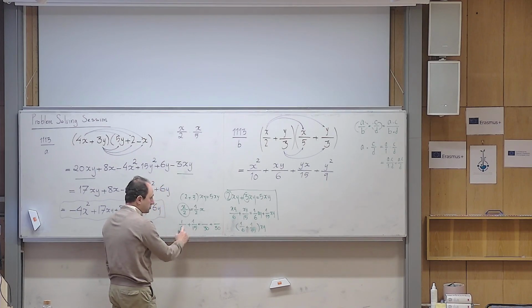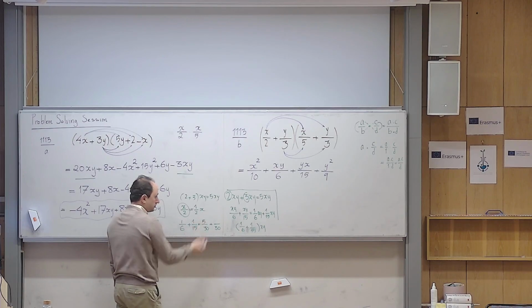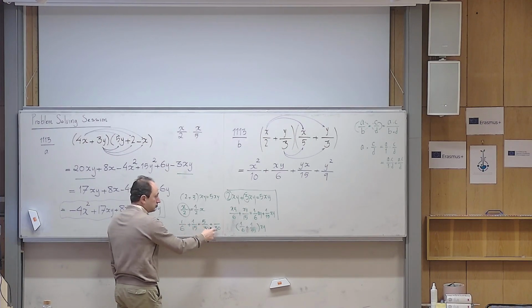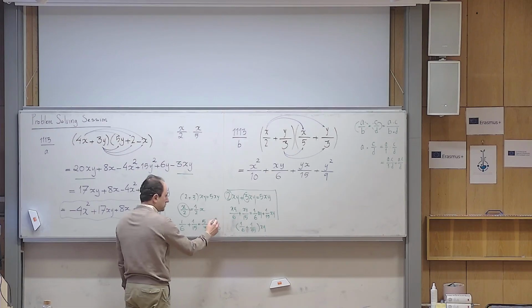So 6 has turned to 30 by multiplying by what? 5. When I multiply 6 by 5, I also have to multiply the numerator by 5, so it becomes 5. In other words, 5 over 30 is another name for 1 over 6. Again, 15 has turned into 30 by being multiplied by 2, so I have to multiply the numerator by 2 as well.